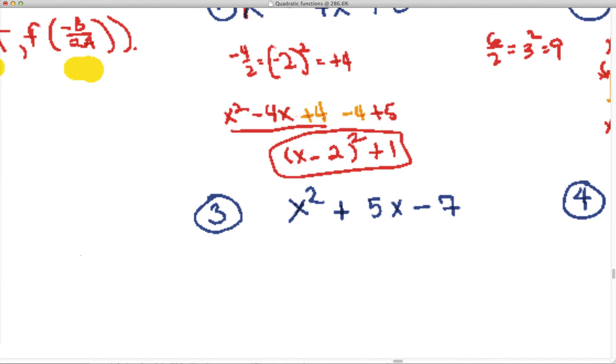In this one, we're going to get a fraction. I know the F word for a lot of you guys. So 5 halves, when you take half of b, squared is 25 over 4.